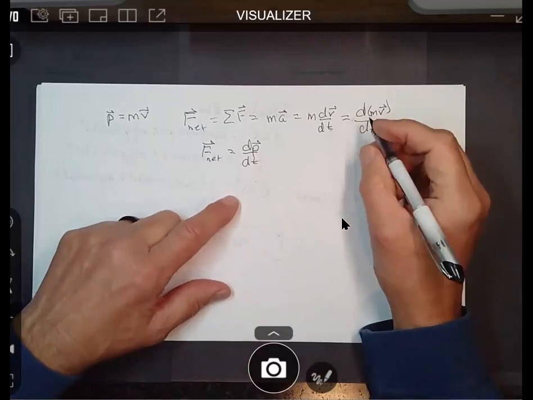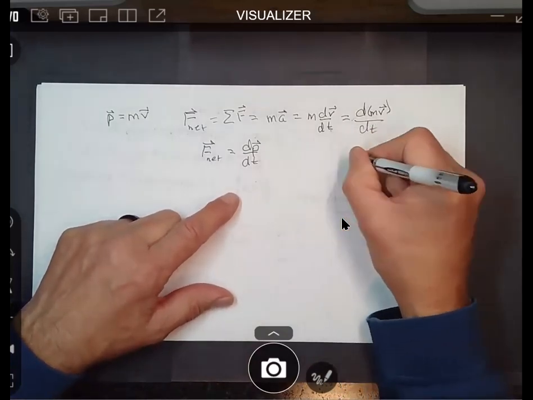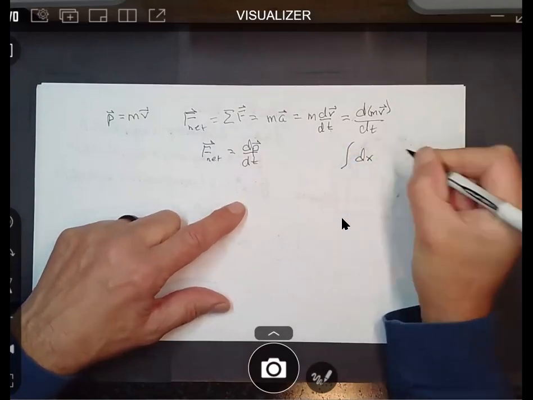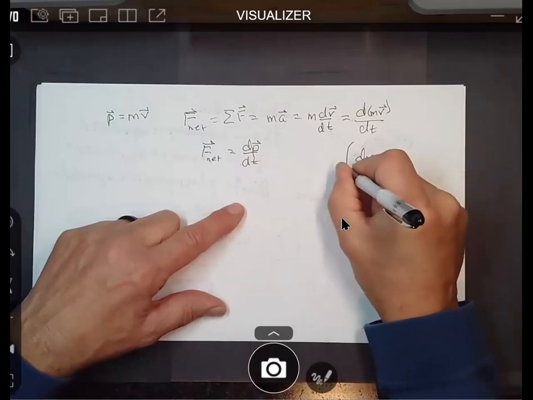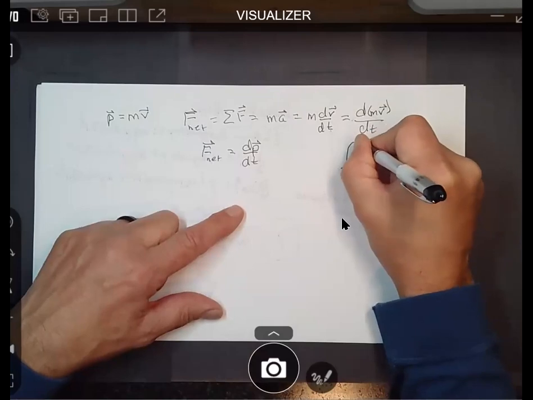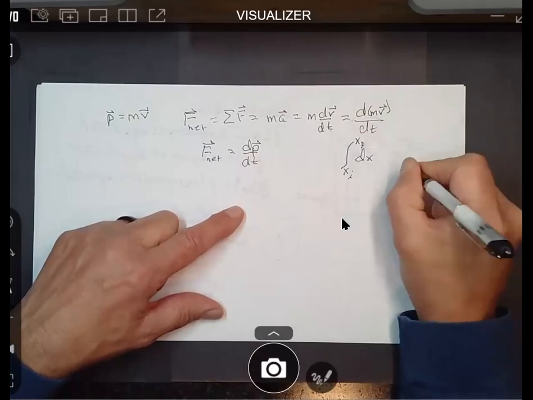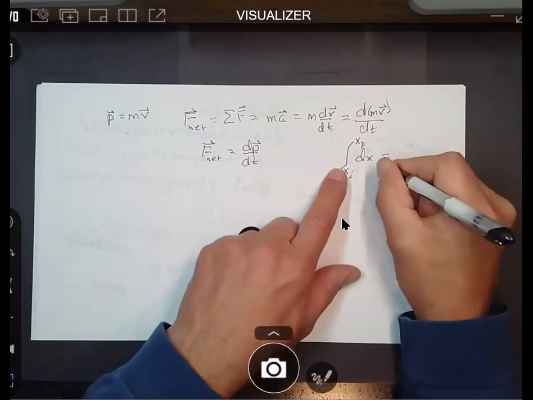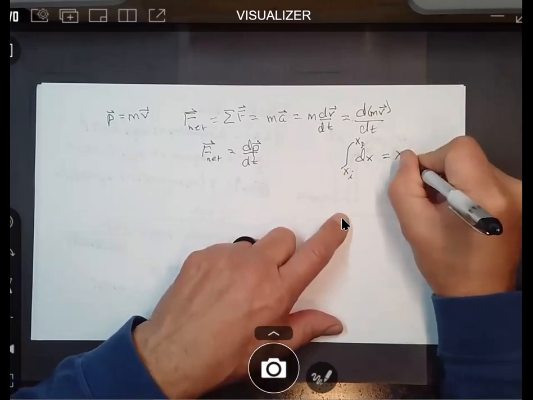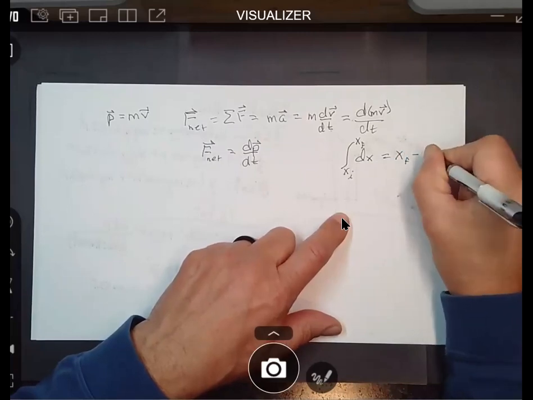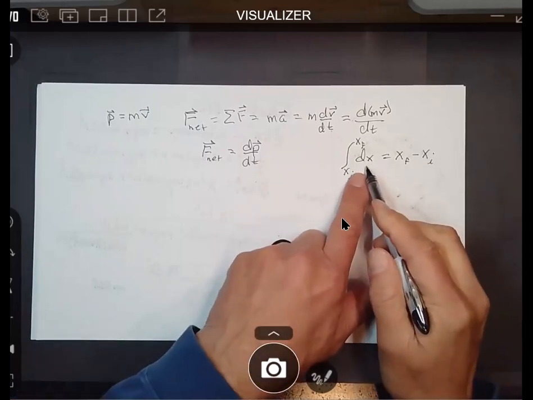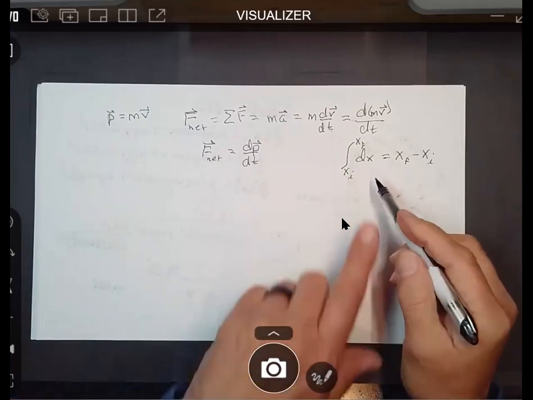If you're in first quarter calculus, you won't have seen this before, but if you have something like dx and you integrate it between two points, x initial and x final, what you end up with is the change in that quantity, if all you're integrating is something like dx.